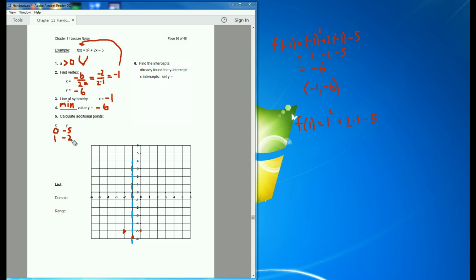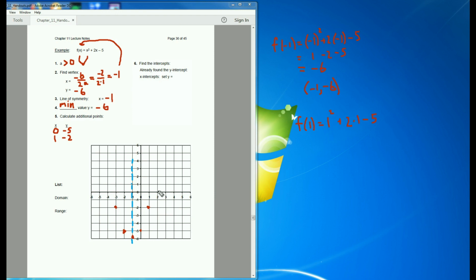So that's the point 1 comma -2. 1 comma -2 is right here. Go ahead and add that. So you can see we're 2 units to the right of the line of symmetry. So in other words, we can just go ahead and add another point in 2 units to the left of the line of symmetry. Right there, the point -3 comma -2.